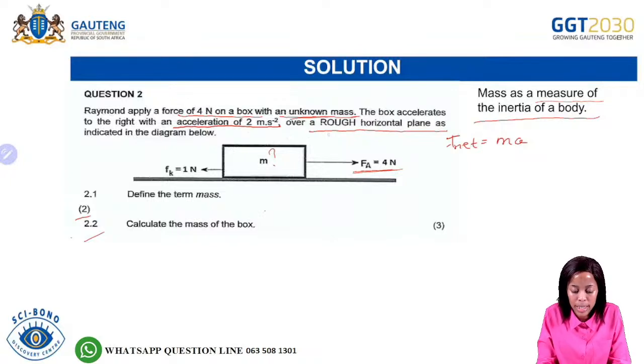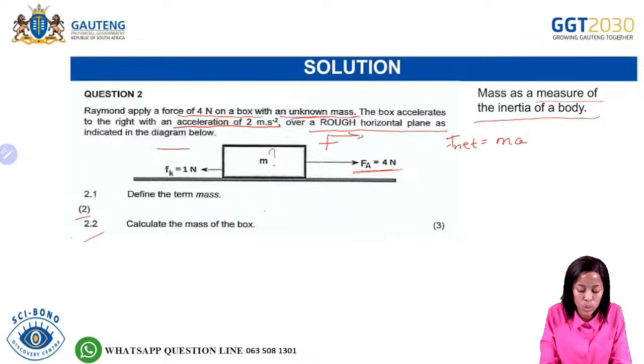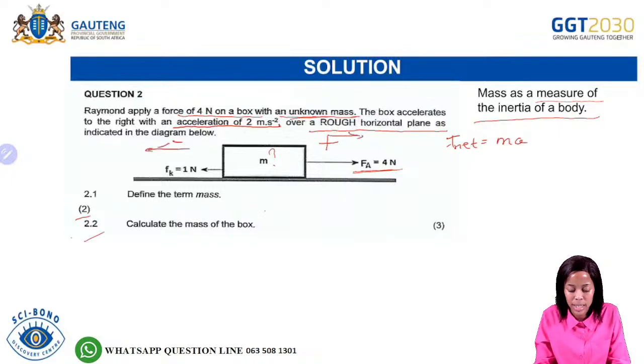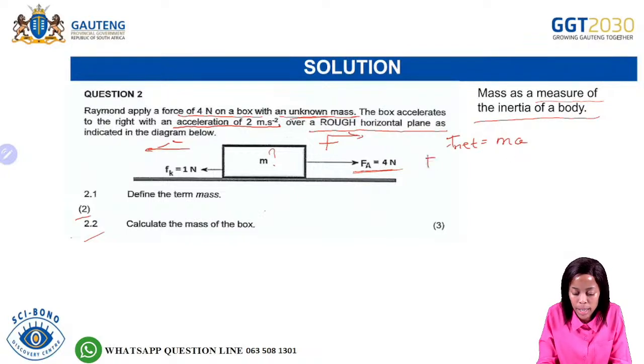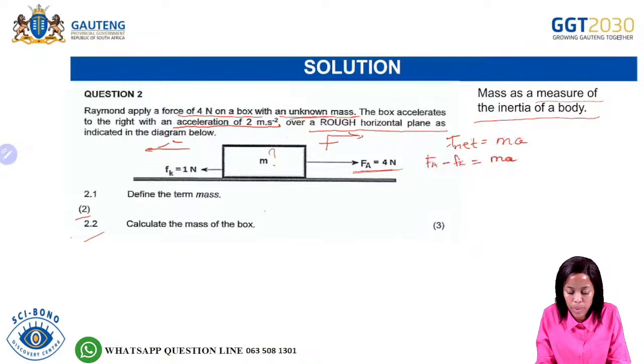Let us choose to the right as positive, and to the left as negative. To the right we have an applied force, so Fa, minus to the left we have the kinetic friction, is equal to ma. Remember, this formula is according to the formula sheet, according to Newton's second law.